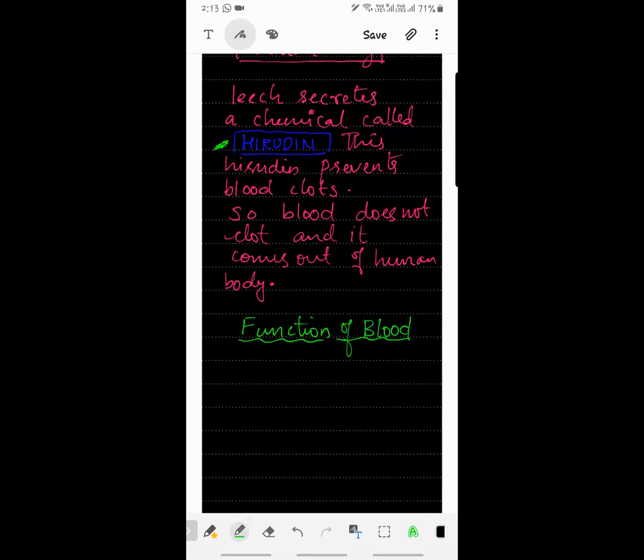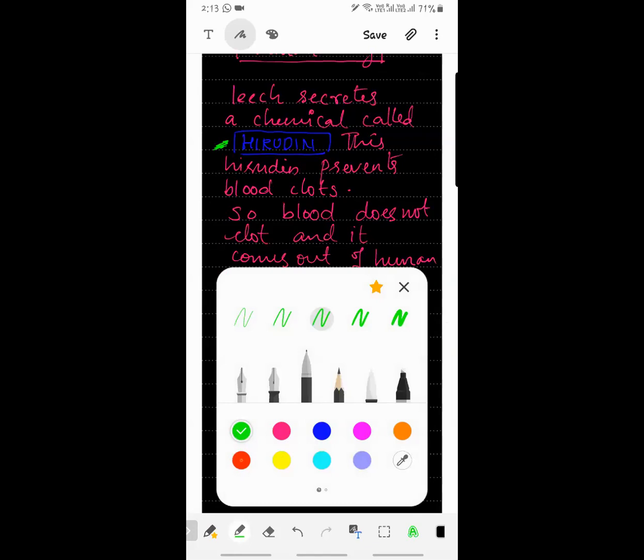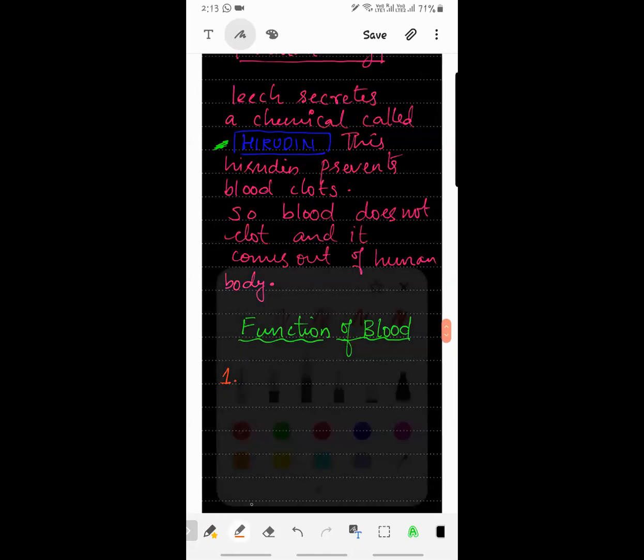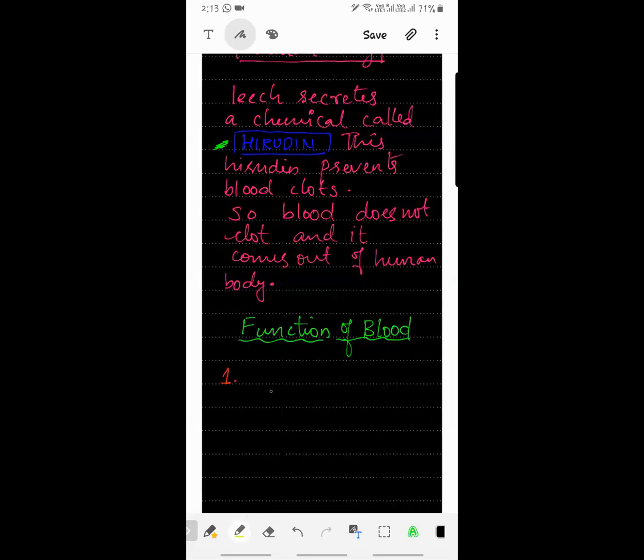First one, it transports. Everyone, take your time and write the functions of blood. I'm just seeing your text. As many functions as you know, and I will also write. You just see.